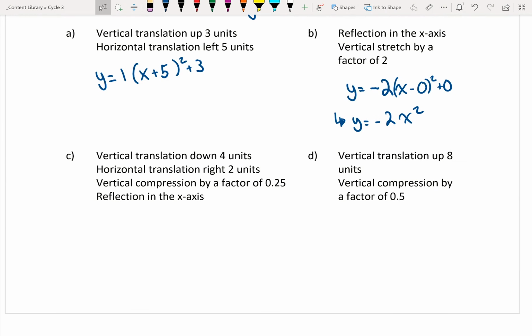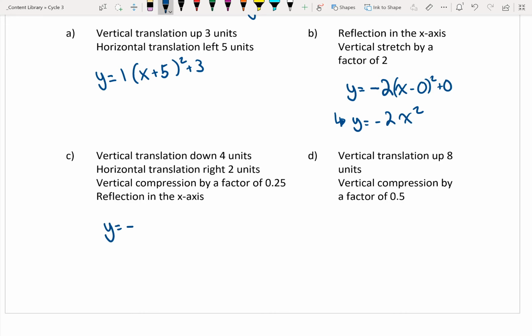C, vertical translation down 4 units, horizontal translation right 2 units, vertical compression by a factor of 0.25, and a reflection in the x-axis. So this one has all 4. This is as complicated as it would get. So we're going to start off with y equals, and we're going to start with our a value. Because there is reflection in the x-axis, that means it needs to be negative.